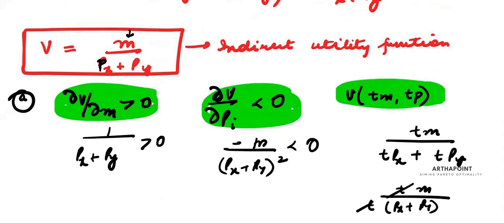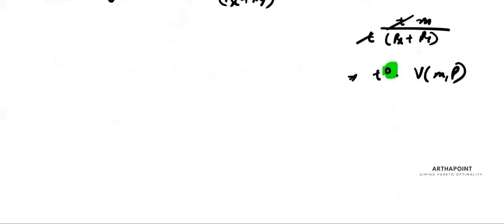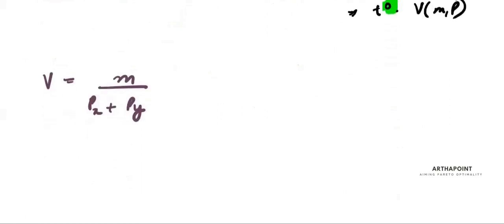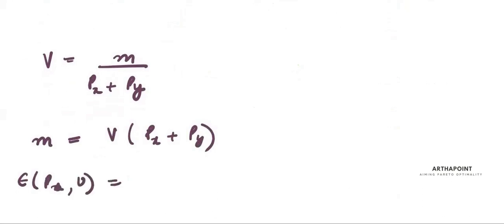So now we have done step 2, where we have found the IUF, indirect utility function. Let's find the expenditure function from there. So my indirect utility is V is equal to M by Px plus Py. From here, my M will be V into Px plus Py. This is nothing but my expenditure function as a function of prices and utility. I'm holding utility constant at U bar, so U bar into Px plus Py.